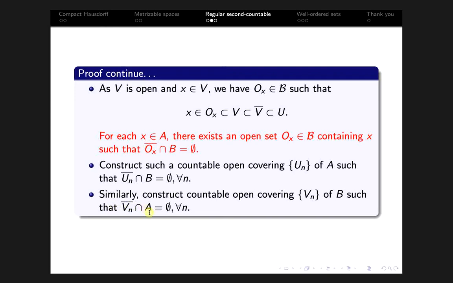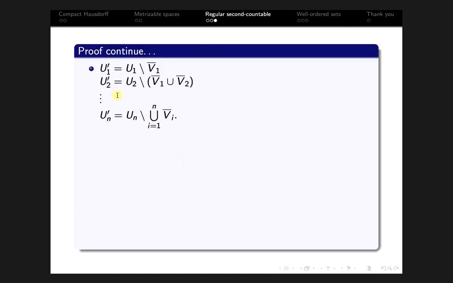Now we define U1 prime equal to U1 set difference V1 closure. So U2 prime equal to U2 minus V1 closure union V2 closure, and so on. In general, Un prime equal to Un set difference the finite union of Vi closure, i equal to 1 to n. Every Un prime is an open set because Un is open and this is a finite union of closed sets, Vi closure, i equal to 1 to n.